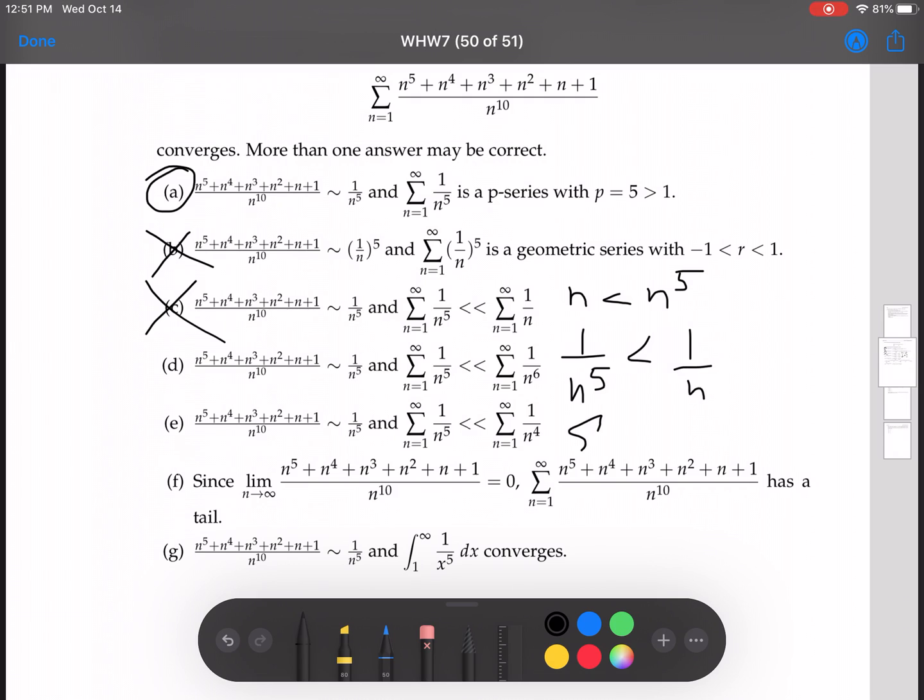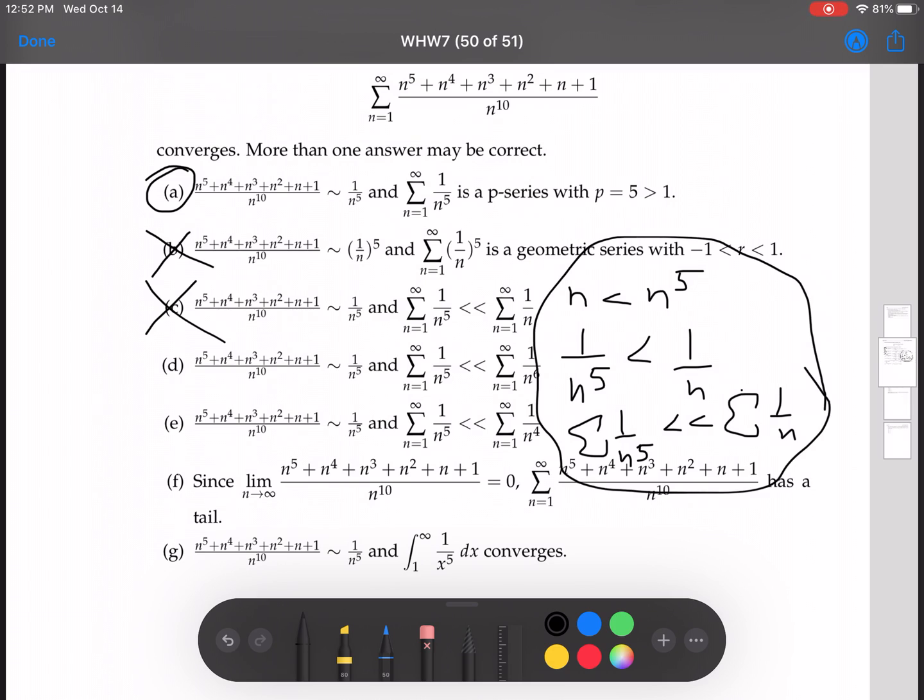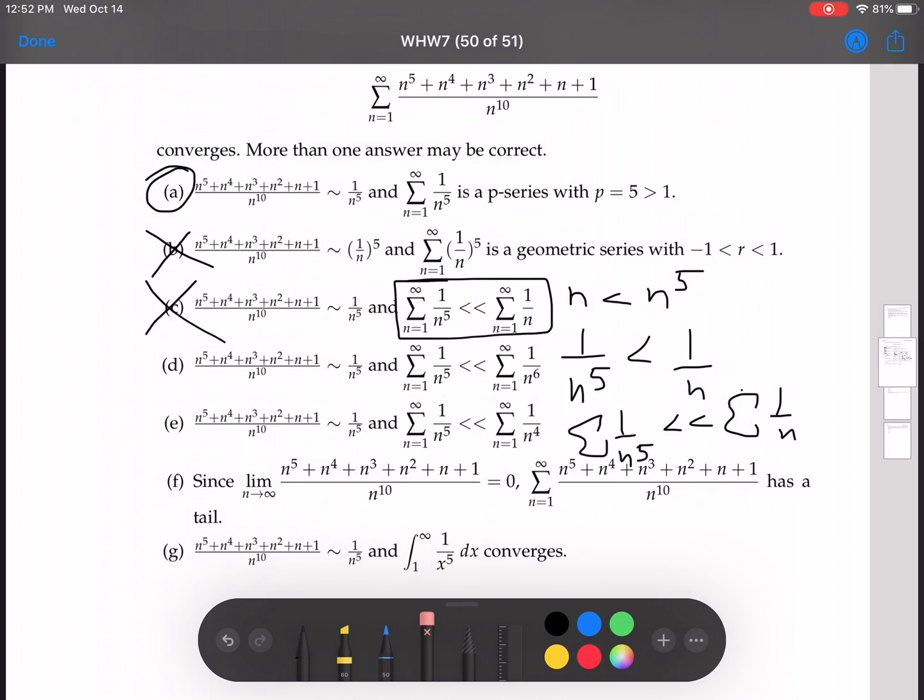And so then, yes, we do have this 1 over n to the fifth, 1 over n relationship. So all of this is correct. But it doesn't tell us anything. And that's the problem. Smaller than divergent doesn't tell you anything.